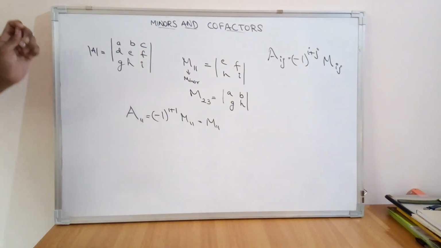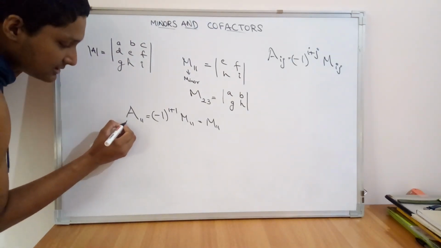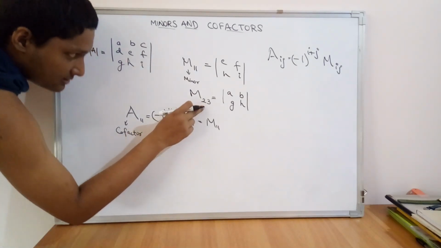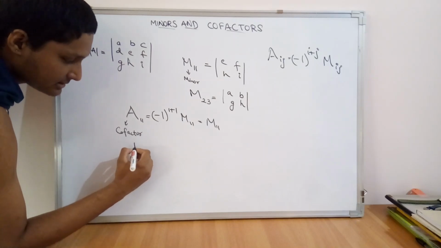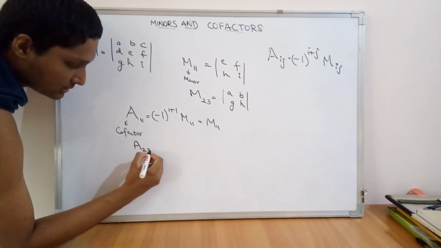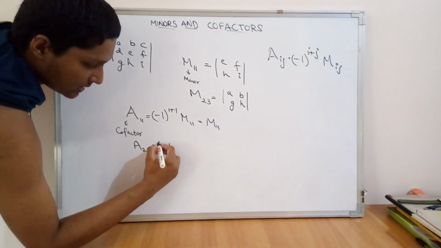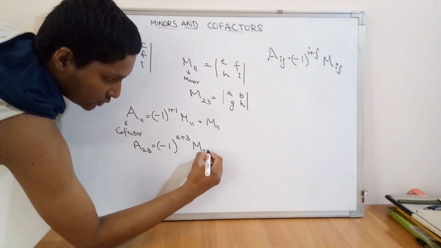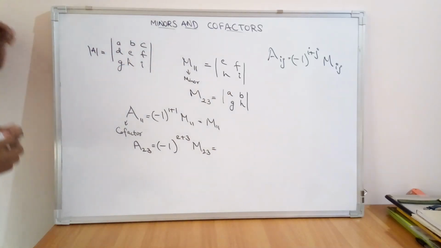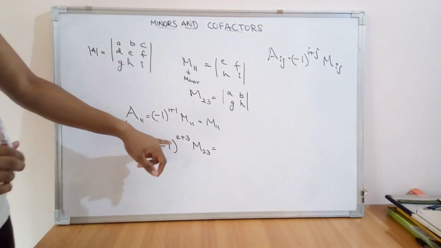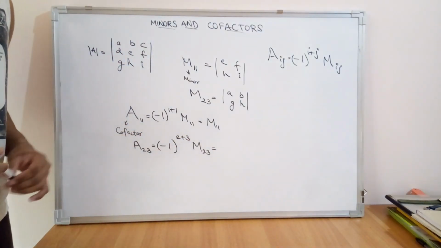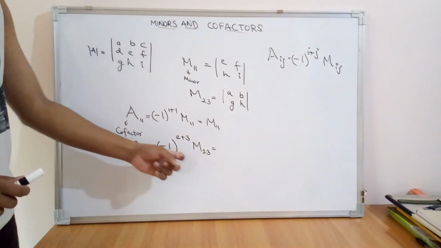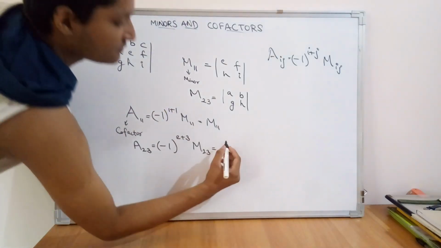Now the cofactor of F, the element A23: it is minus 1 raised to 2 plus 3 times M23. 2 plus 3 is 5, so minus 1 raised to 5 is minus 1 itself. So it is minus M23.